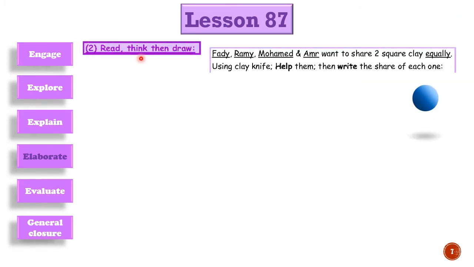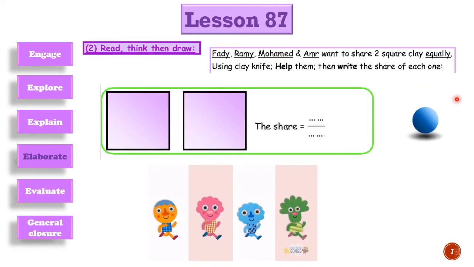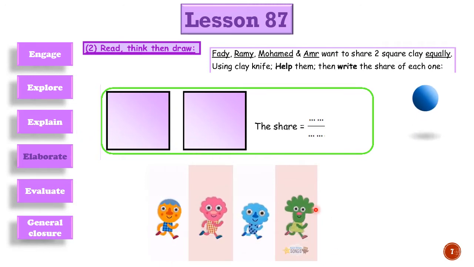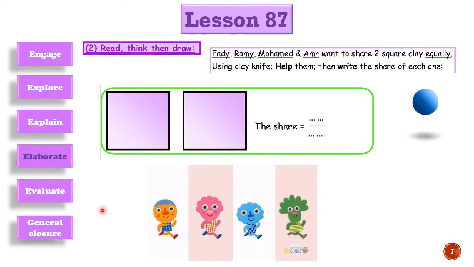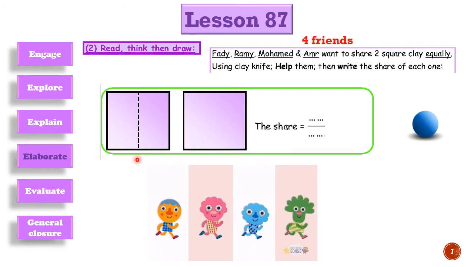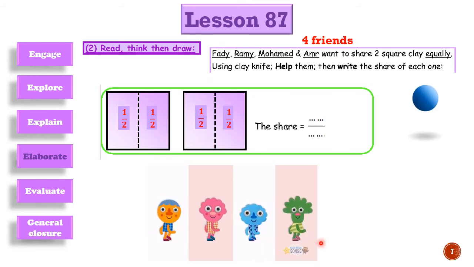Here we have another activity on this part. We will read, think, then draw. Fadi and Rami and Muhammad and Amr want to share 2 square clay equally. How many friends are they? 4 friends. Okay, and when they share how many squares? 2 squares equally among these 4 friends. Then, if I cut this into 2 parts and this one into 2 parts, then each one will have half.